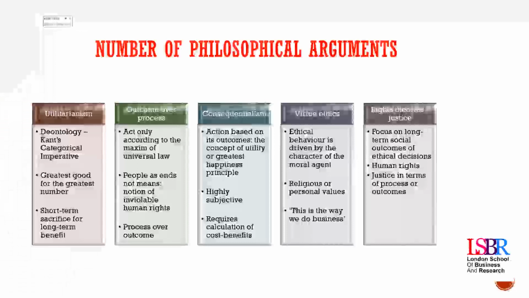Outcome over process. This one is interesting because it doesn't really get practiced in any one region of the world, but essentially it acts only according to the maxim of universal law. What is that? That basically means that people are seen as ends, not as means. So the notion of inviolable human rights, it's all about the process with which things are done rather than the outcome.